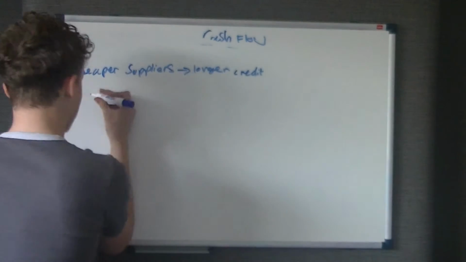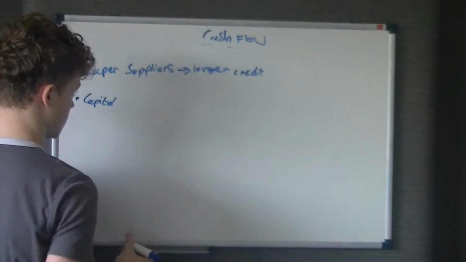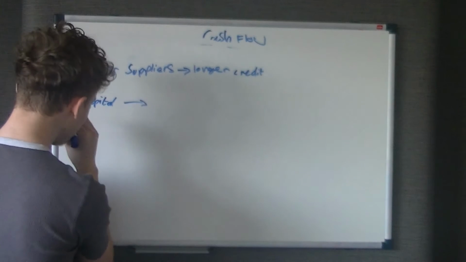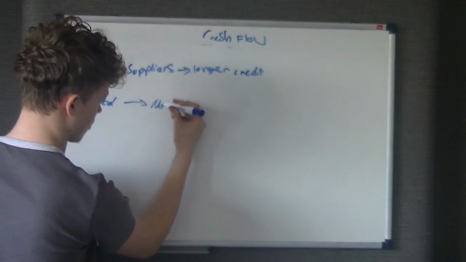And then your capital equipment. You've got two ways of reducing that, because that's quite a big spend for businesses. So you could not buy any capital equipment.